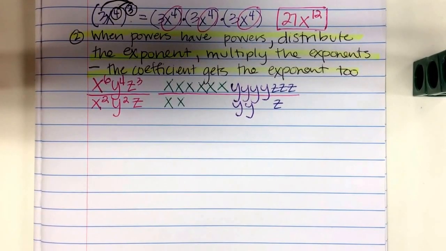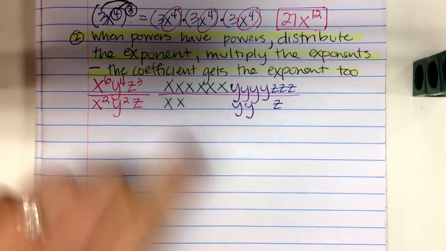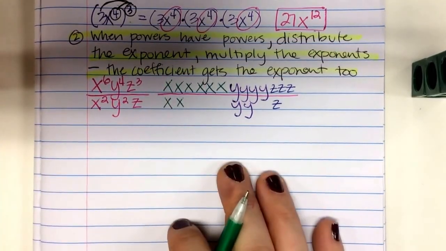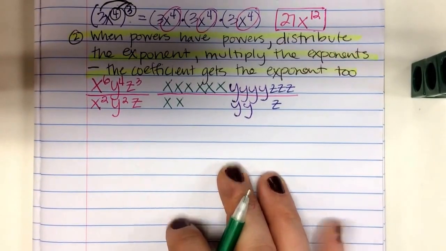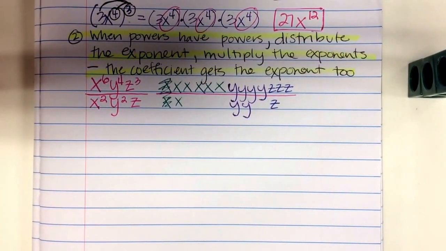Do you think I can do anything here? Kayla, what happens when you take X divided by X? It disappears. It cancels out. They're inverses. Does that happen anywhere else?